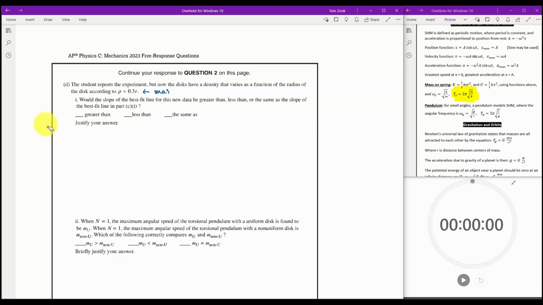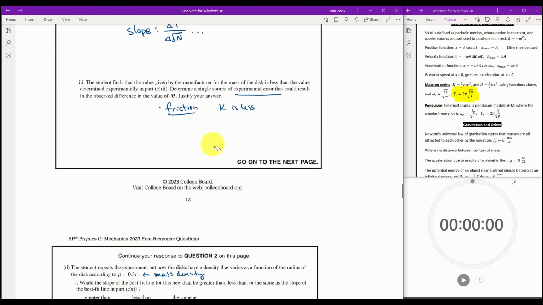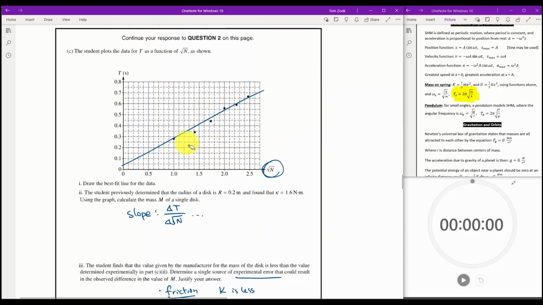And the density goes up with radius. So it gets denser the farther out you go from the center. And the slope of the graph is dependent upon, we use the slope to figure out mass.